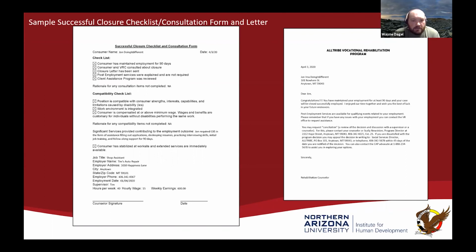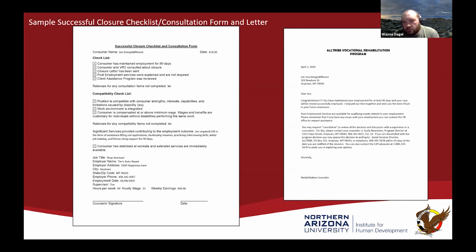And here's the second to last: consumer has stabilized at the work site. Now here's the part that a lot of us miss and forget to get, and that is the title, where they work, the address, the contact information, their employment date, and how many hours they're working and the wage they're getting.